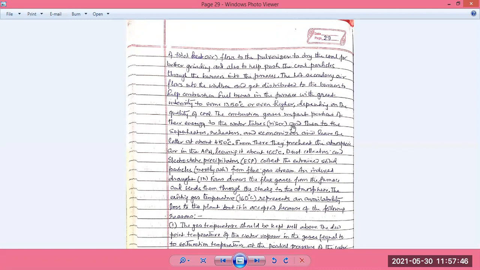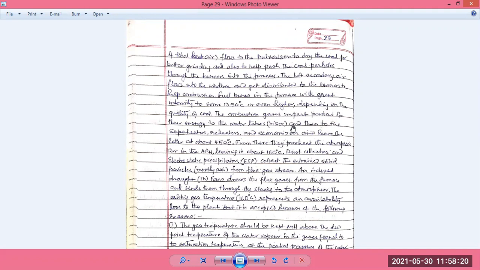This hot gas or smoke first hits this mixture of water and vapor, which goes through the riser and back to the drum. The remaining part of the heat then goes to the superheaters, reheaters, and economizer, where the temperature is reduced to 450 degrees centigrade.